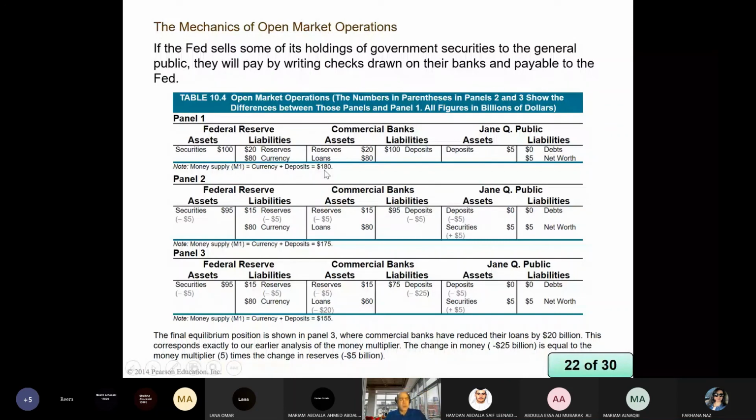So can you calculate 180 minus 155? It is 25. So when the central bank sells national bonds of 5 times the money multiplier 5 equals 25.